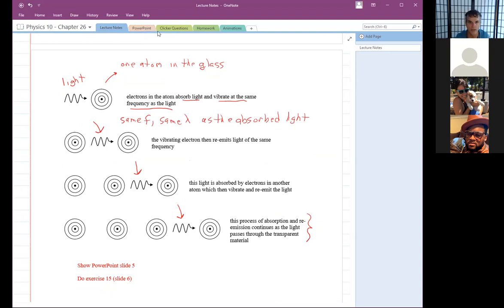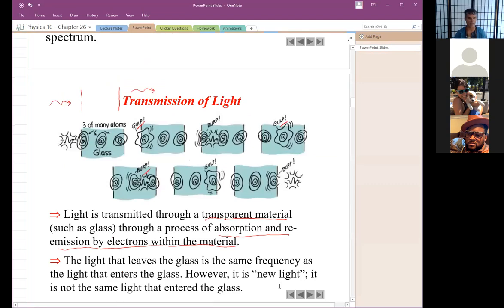Your book has this fun picture of saying that these atoms sort of gulp up the light and then burp it up, and then gulp it up and burp it, and so on. But what's really happening is electrons in the atom will absorb that incoming light. Light is gone. The electrons will then oscillate at the same frequency the light had and emit new light.